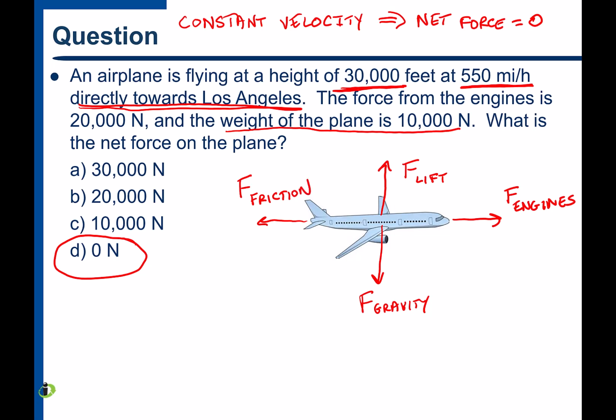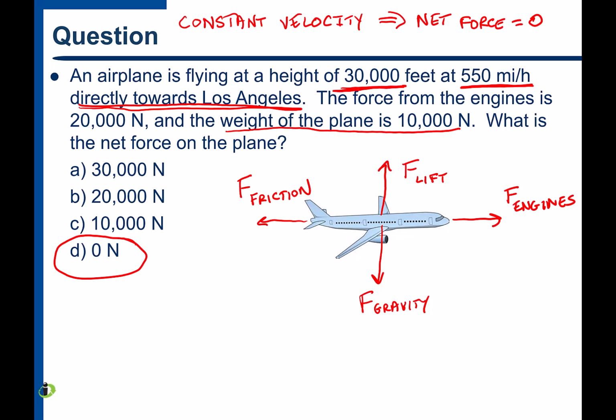And that is, again, the frictional effects of air resistance. So if you've ever held your hand out the window of your car when you're going fairly fast down the road, you feel how strong that air resistance is. That's a force of friction, and that would be keeping the plane from going faster.